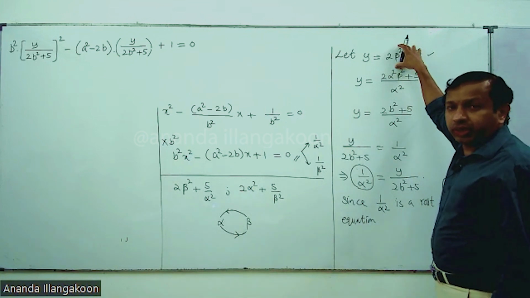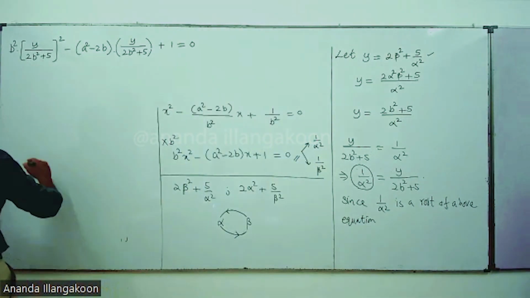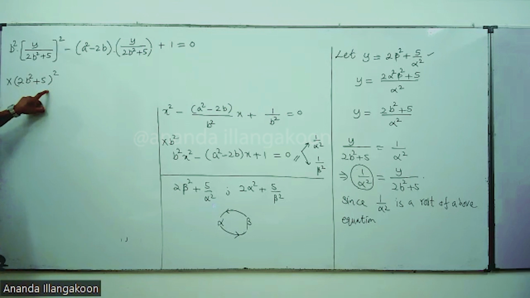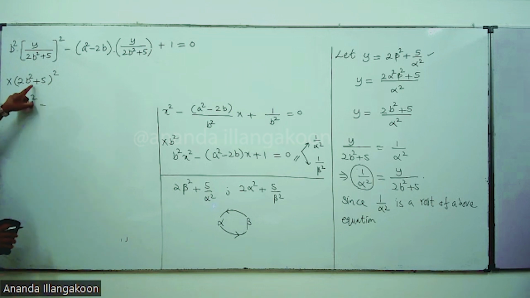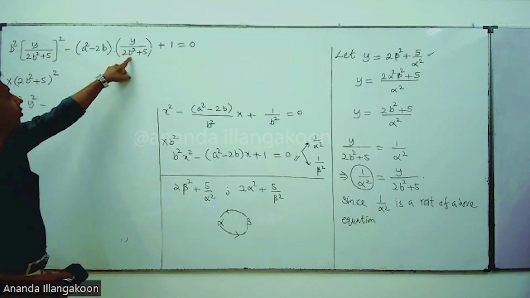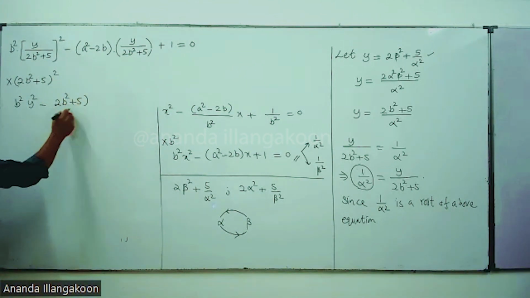So then we need to take the quadratic equation involving y. Then simplify this. I multiply both sides by 2b squared plus 5 perfect squared. When you multiply this term, here we have 2b squared plus 5 perfect squared, that and this will cancel off, giving y squared, b squared. And by this perfect square, when I multiply, one power of that cancels with this. Then we get 2b squared plus 5 within the first bracket here.